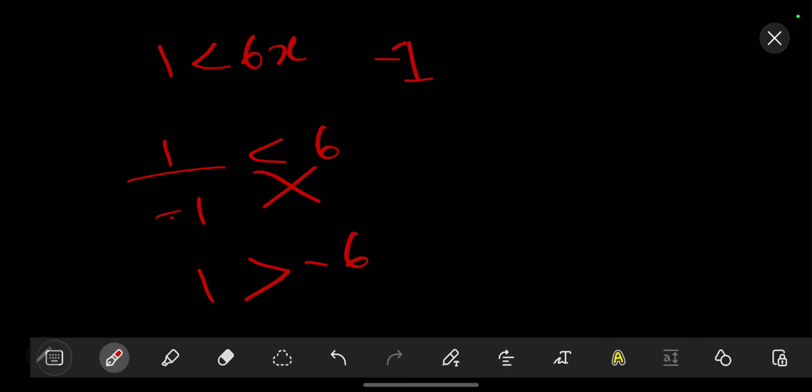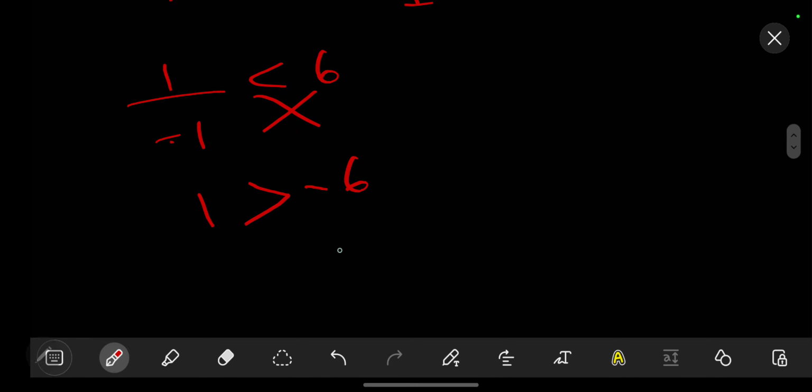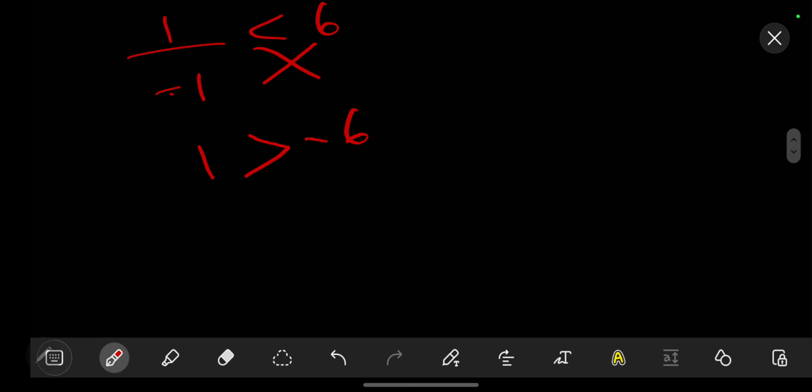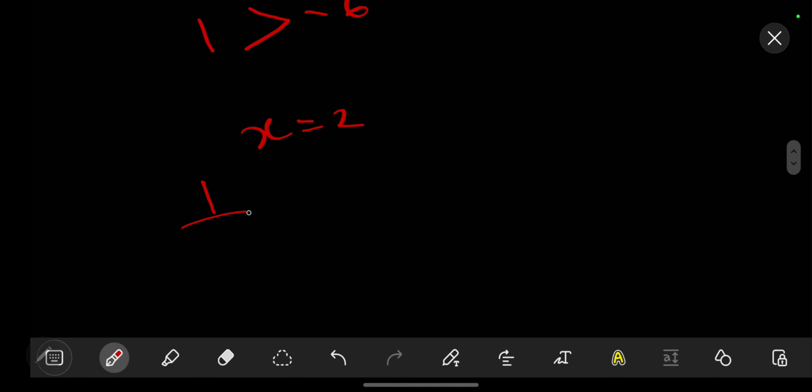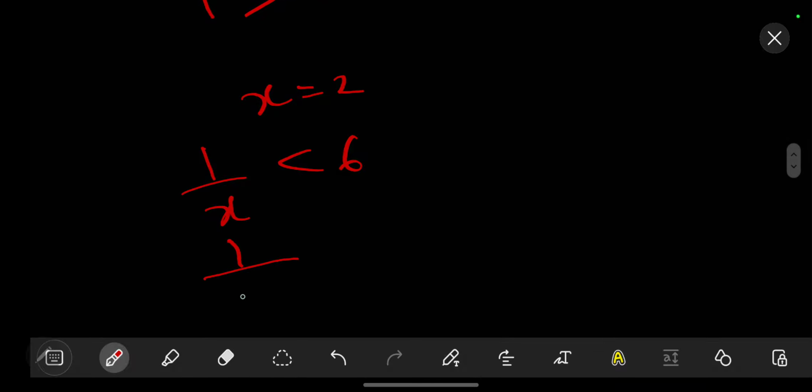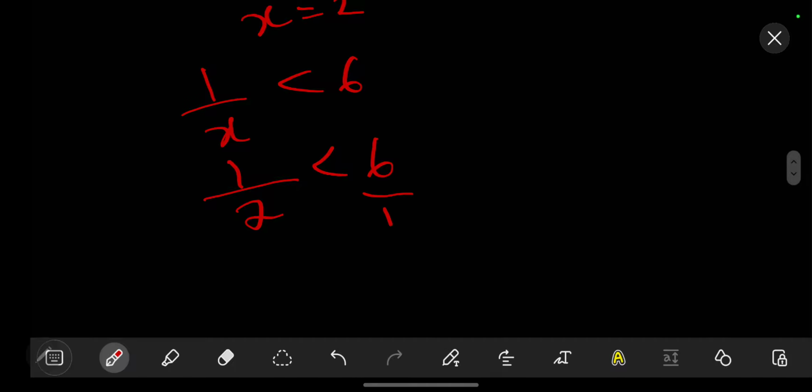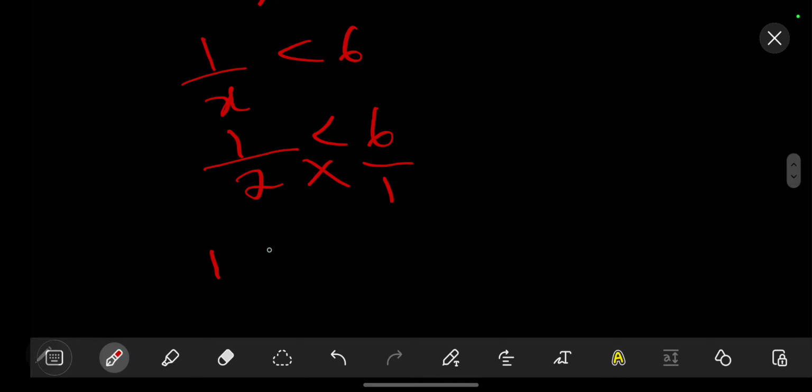But we don't know the value of x. Same if x is greater than 0. For example, if x is equal to 2, for the same problem 1 over x is less than 6, then 1 over 2 is less than 6. When we cross multiply, it will be 1 is less than 2 times 6, which is 12.